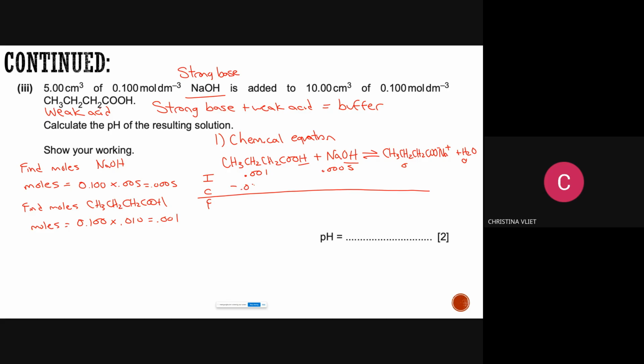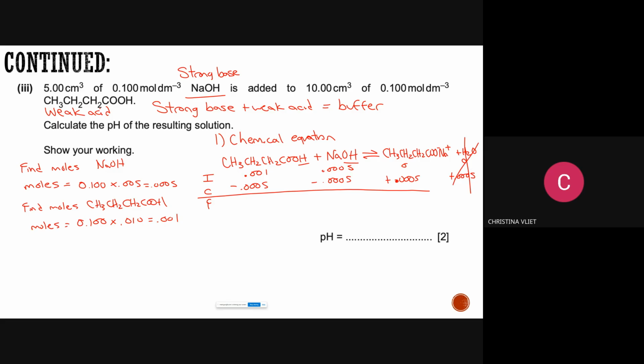Minus 0.0005 minus 0.0005. On the other side, plus 0.0005. And literally it's the same thing for water, but we don't care. Water is always there. It's not going to affect your math.